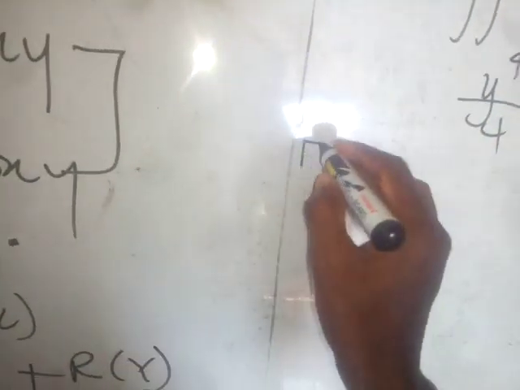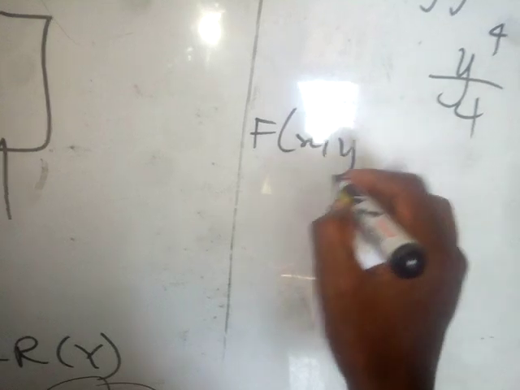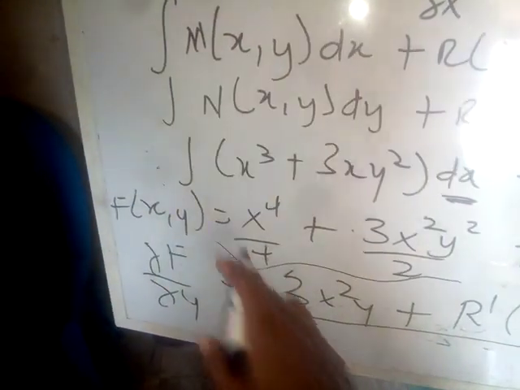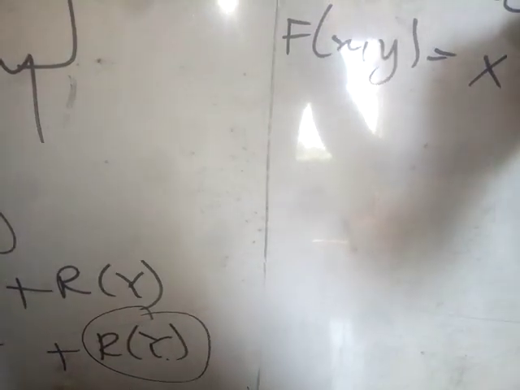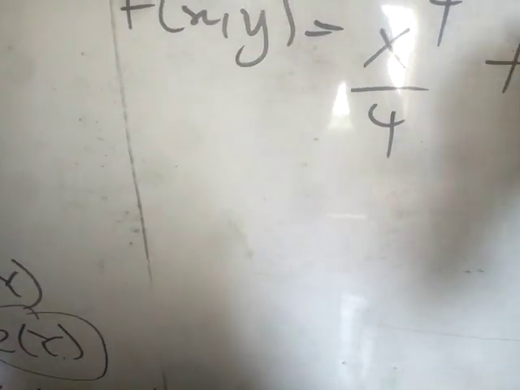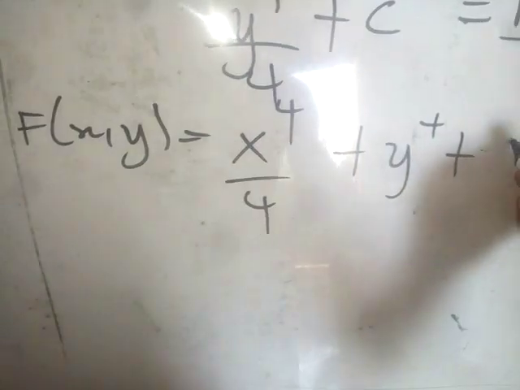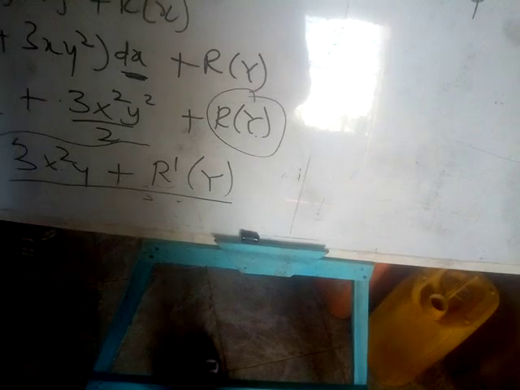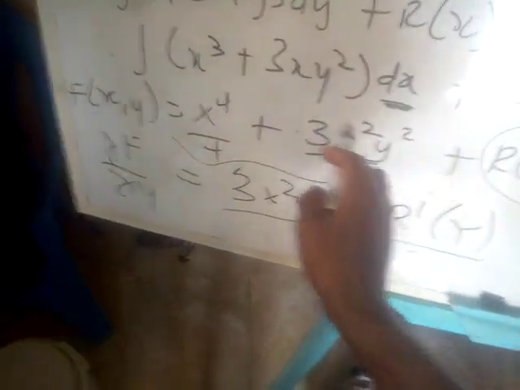So the function f of x, y is then equal to, copying from what we have here, x to the fourth on 4 plus y to the fourth plus the integrating constant. Sorry, I left out this one, so let me add that to it.